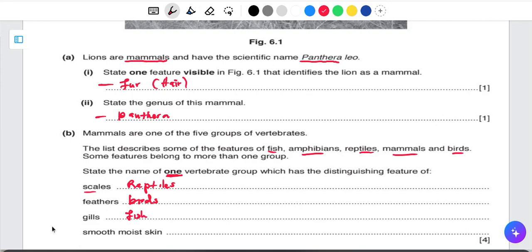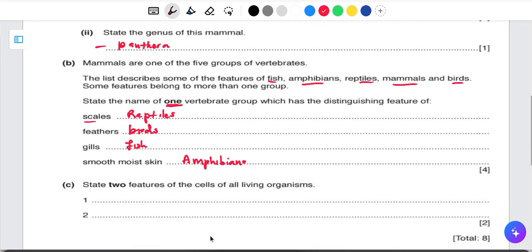Then when it comes to the smooth-moist skin, the smooth-moist skin only comes in for the living organisms that live in water, which are called amphibians, the ones which mostly live in water. So you're going to say amphibians. So you just have to choose one from these. So that is what you're supposed to answer for that question.